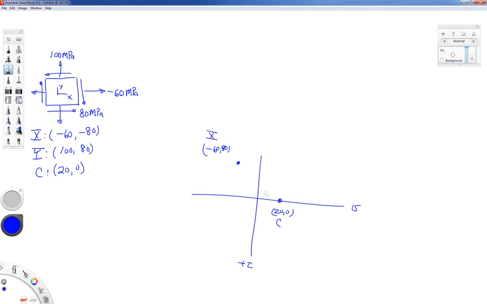It's important to keep track. I'm going to cheat that over and then draw the point. But that will be the location of my Y point, and its coordinates are going to be 100, comma, positive 80. Then I'm going to draw a circle that connects that diameter.